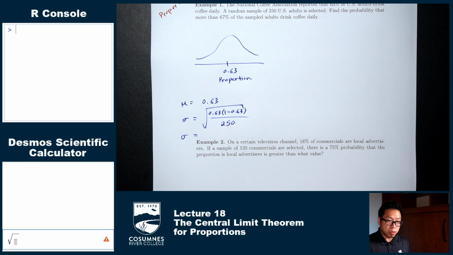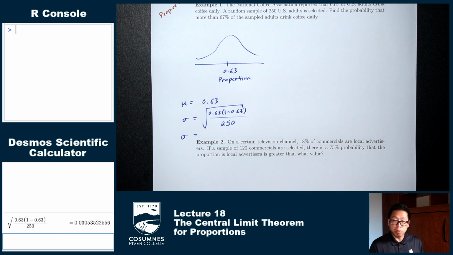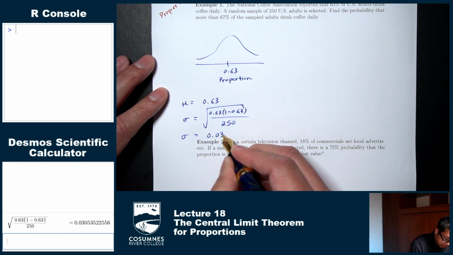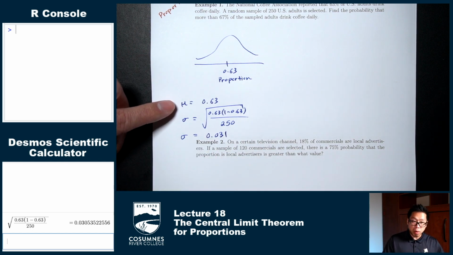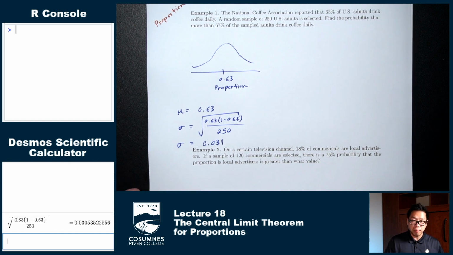Inside the square root, on top, it's going to be 0.63, parentheses 1 minus 0.63, on the bottom, 250. Round to 3 decimal places, this is 0.031. So the mean we're going to use for this entire problem will be 0.63. The standard deviation will be 0.031.